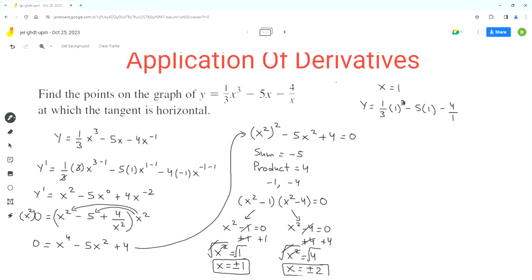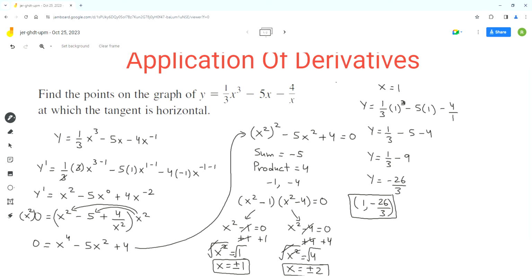So 1 cube is just 1. Then minus 5 minus 4. So we get y equals 1 over 3 minus 9, which can be reduced to just negative 26 over 3. So the first point is 1, negative 26 over 3.